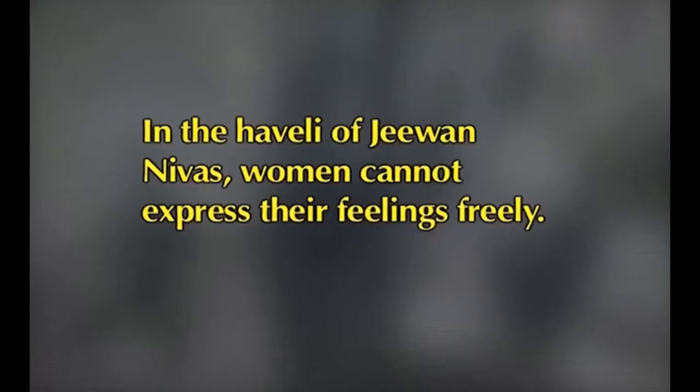In the Haveli of Jeevan Nivas, women cannot express their feelings freely, nor can they say what they feel like. Gita is asked not to speak freely to her cousins and not to display affection for her daughter in public. All the women are caught in a pantomime of dignity and respect, where none of their individuality is left.